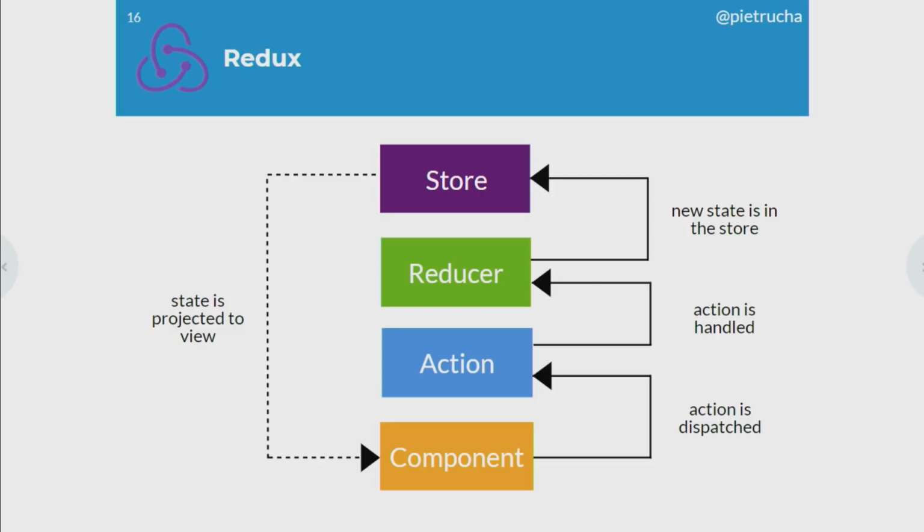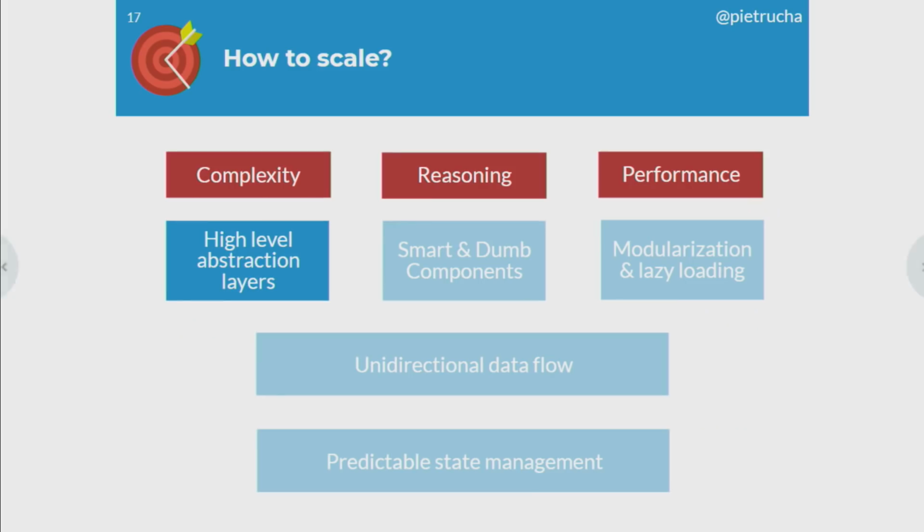Then the reducer, which is responsible for actually taking care of this action, transforms the state and produces the new one. And then the store, which holds the state, uses an observable to project or inform every interested party what the new state is, which are our components interested in this state.